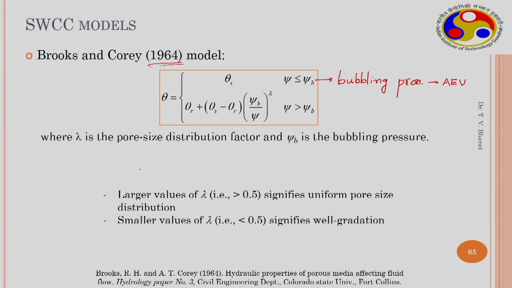So this equation can also be written as theta minus theta r by theta s minus theta r equals psi b by psi power lambda, which is referred to with a bigger theta, called the normalized volumetric water content.